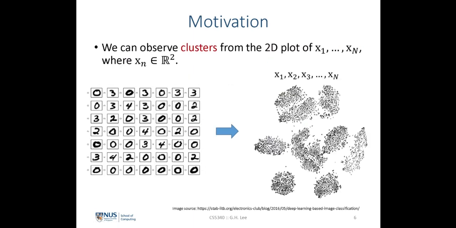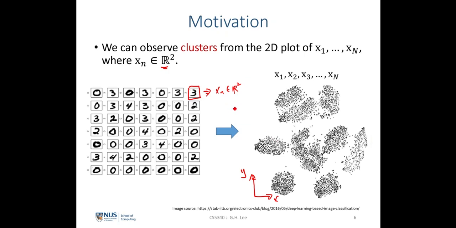Now let us further suppose that we can plot these two-dimensional features for each image into a 2D plot, where we have two axes, the x and the y axis, since we are living in a two-dimensional feature space. So for each one of these handwritten images, I can transform it into xn, which is in the 2D space, and now I'm visualizing this in a two-dimensional plot.